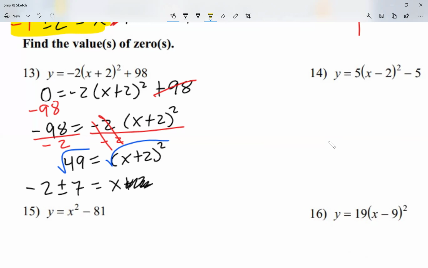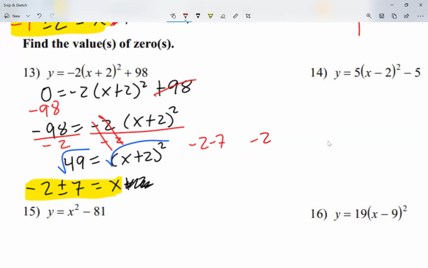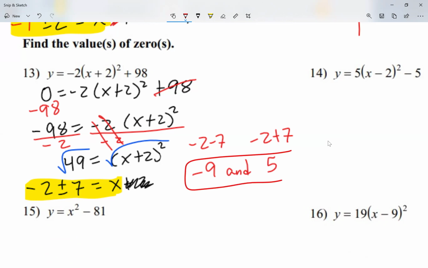I see a way I'm going to get my answers. I'm going to have negative 2 minus 7, and my other answer is going to be negative 2 plus 7. Negative 2 minus 7 happens to be negative 9. Negative 2 plus 7 happens to be 5. So my answers are negative 9 and 5.